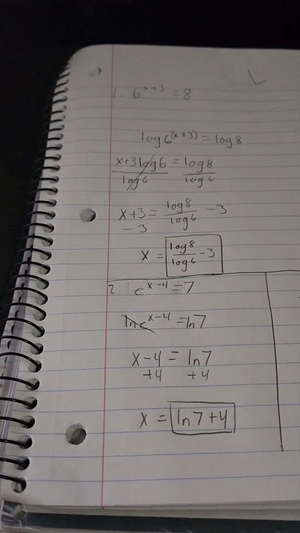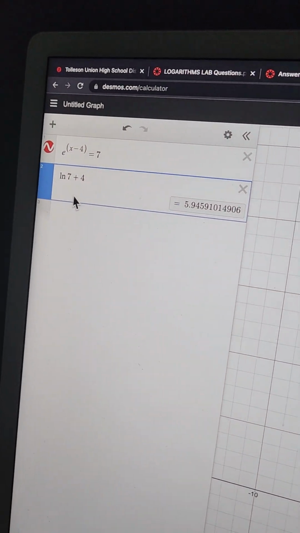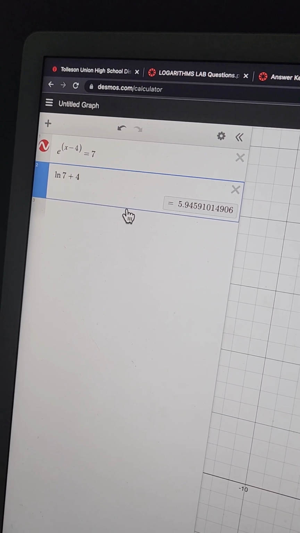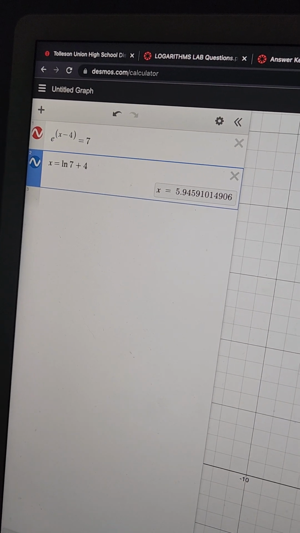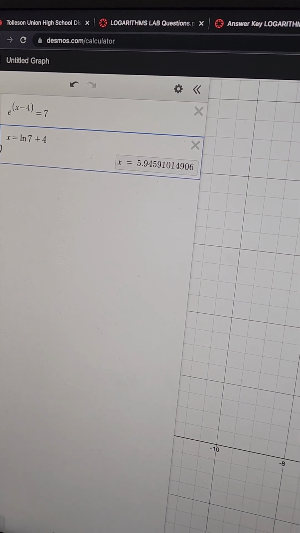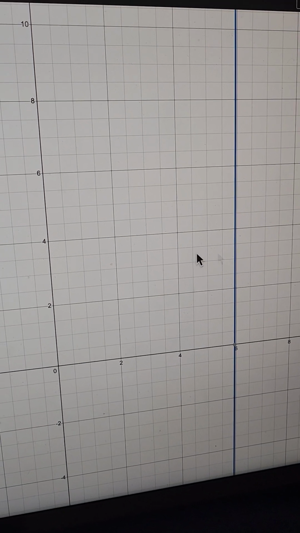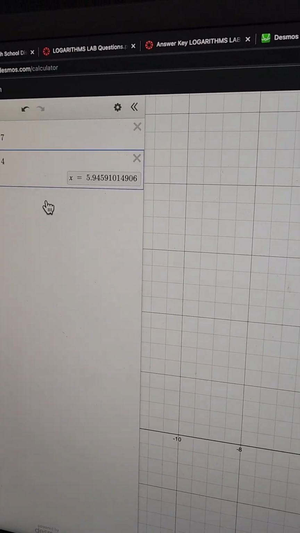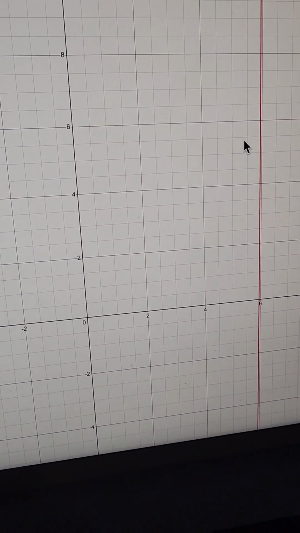Then we can plug that into Desmos too. So there, it gives us this number, but remember to put the x equals, right? Then it's going to graph the line, and the line should be exactly the same, and when you get rid of it, it should turn back to a red line like that.